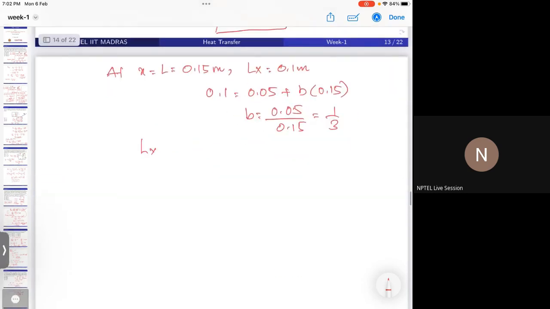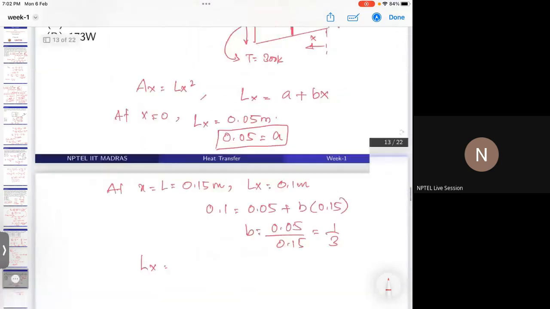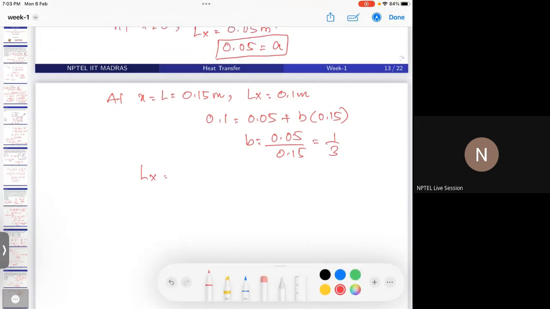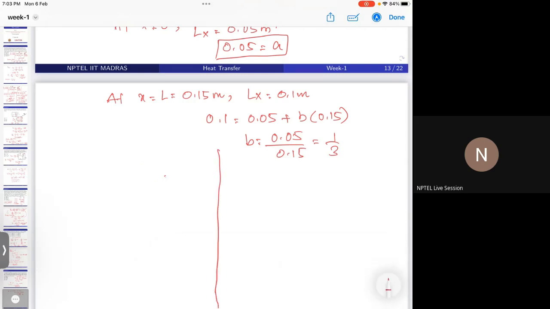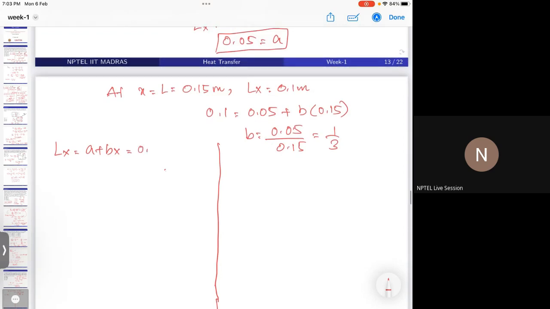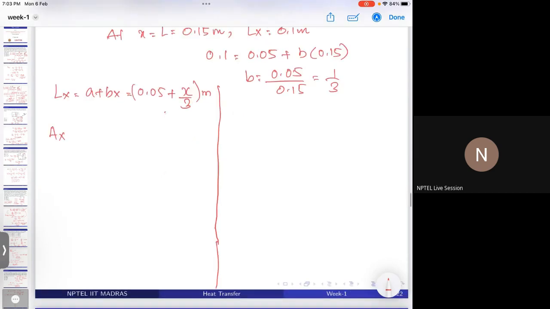So we got the expression Lx is equal to A plus Bx, that is 0.05 plus x by 3 in meters. So area is equal to 0.05 plus x by 3 the whole square.